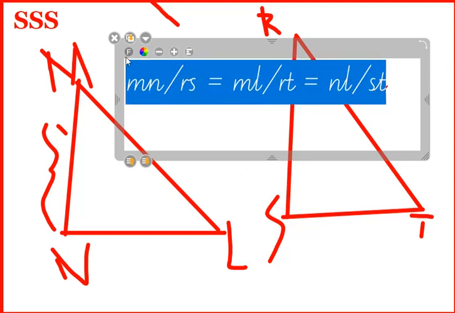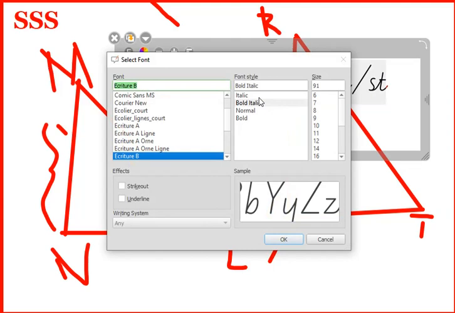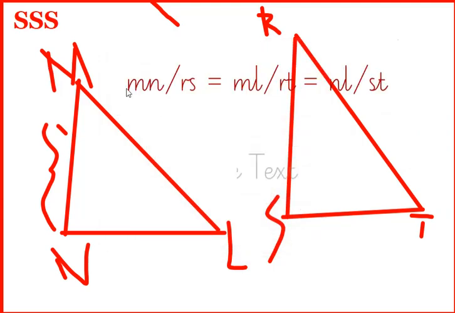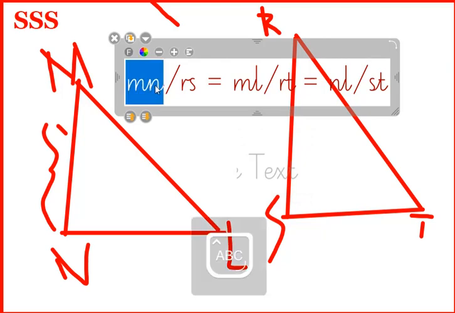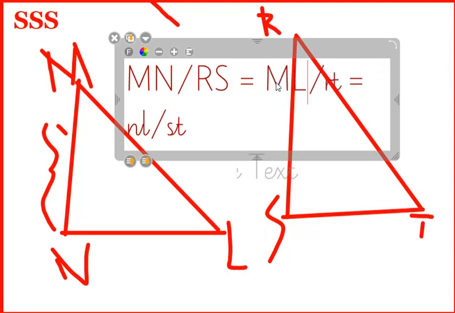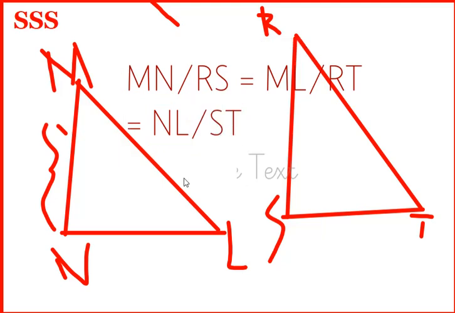Maybe let's make it bold, to make it more visible. RT and NL over ST. We can see that MN, which is this side, is corresponding to RS.